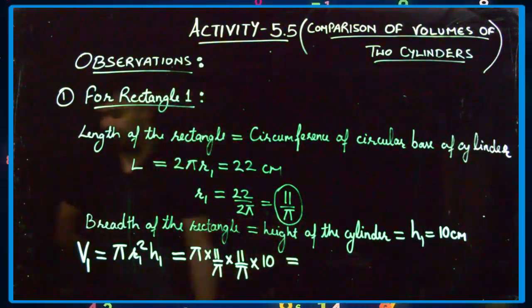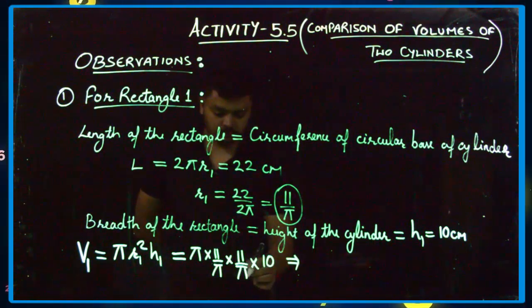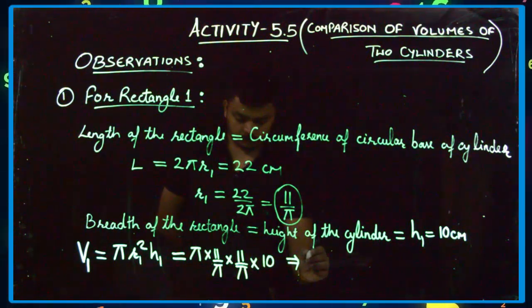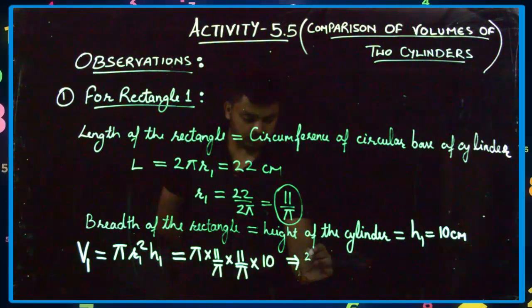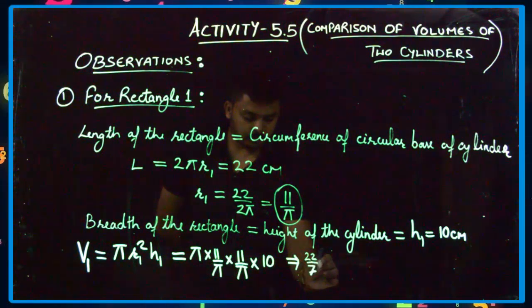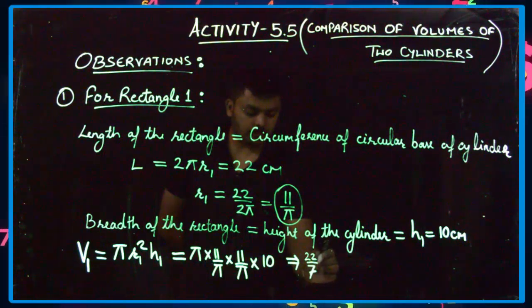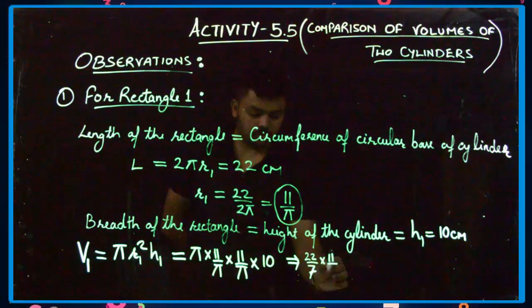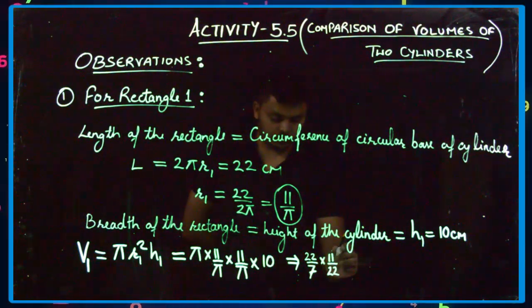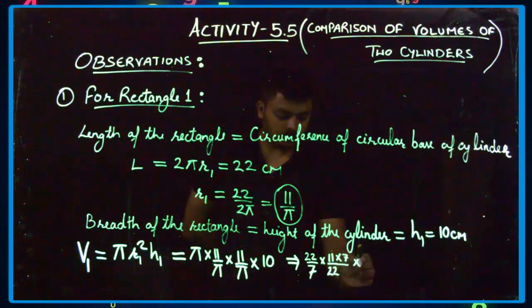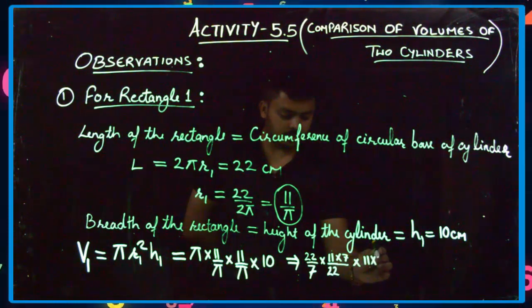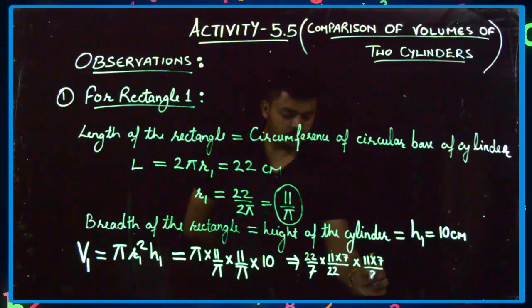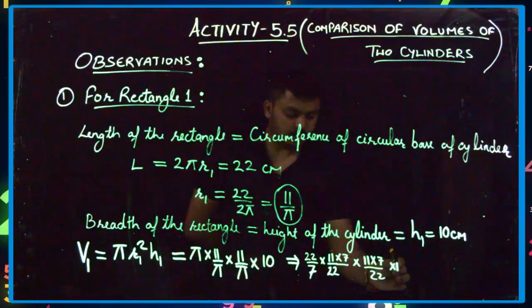So it becomes equal to 22 by 7 into 11 upon 22 into 7 into 11 into 7 upon 22 into 10.